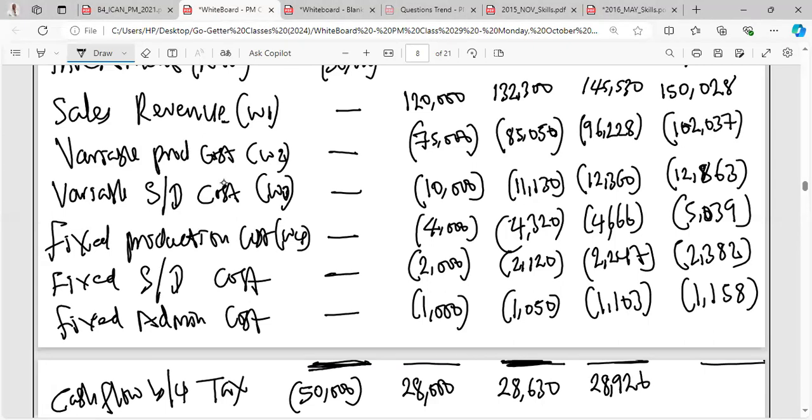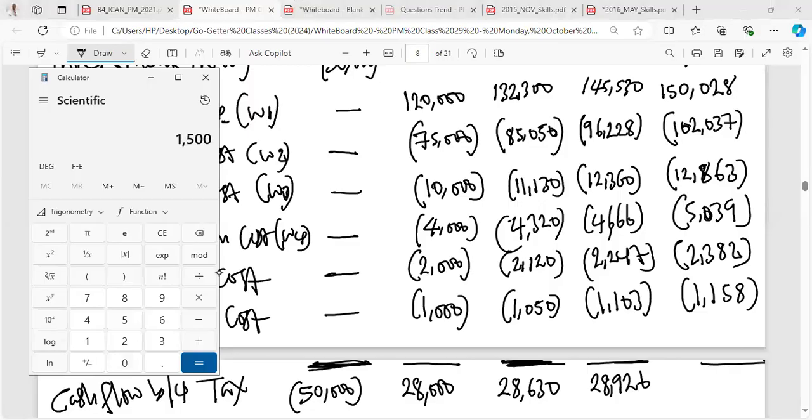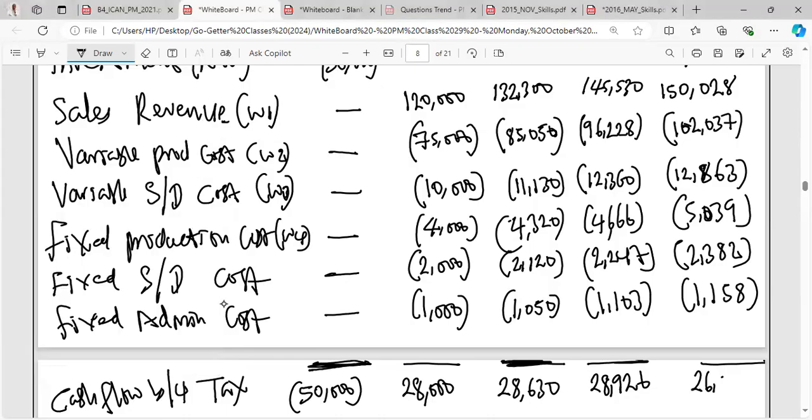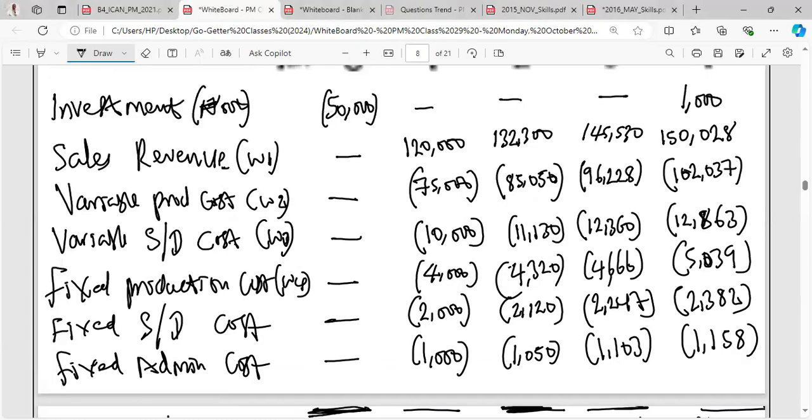Then the next one will be 150,028 minus 102,037 minus 12,863 minus 5,039 minus 2,382 minus 1,158, which is 26,549. Oh, it should be 27, but I need to add this one here.